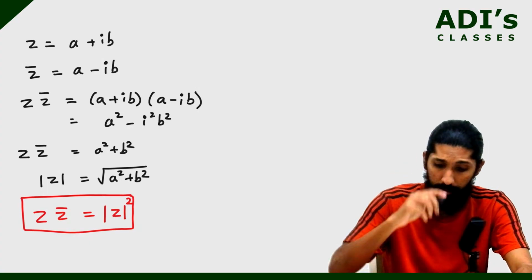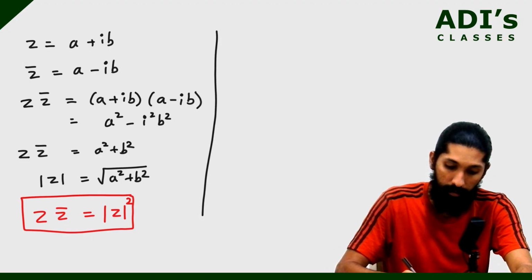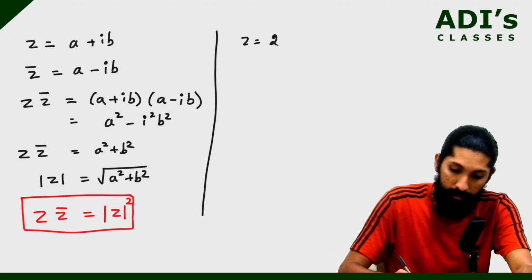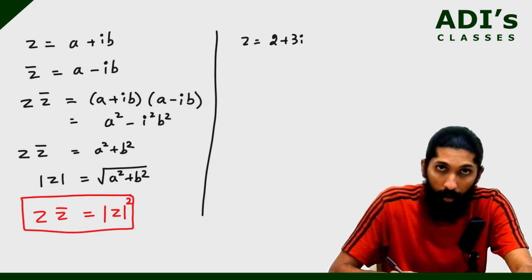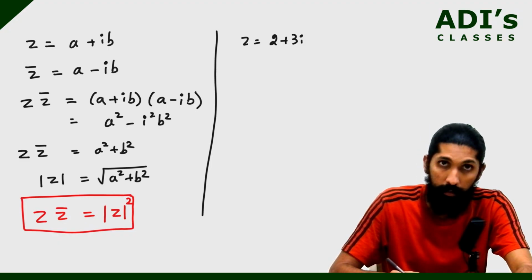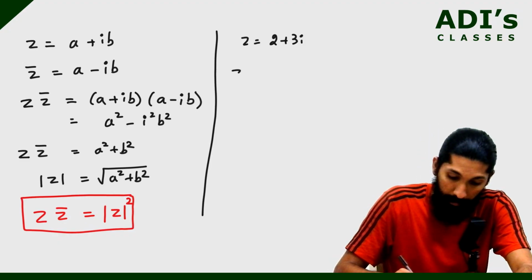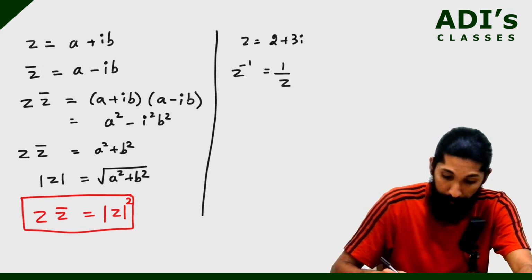One example: suppose I tell you that z is equal to 2 plus 3i. What is the multiplicative inverse of this complex number 2 plus 3i? So the multiplicative inverse, z inverse, is equal to what? 1 divided by z, correct? 1 over z.